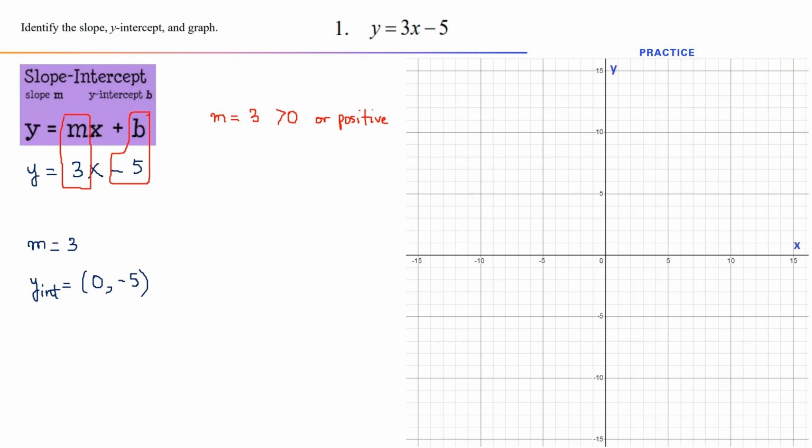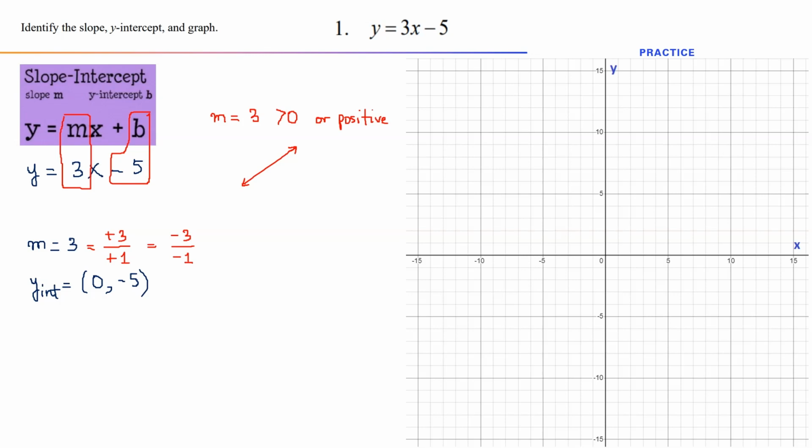We know that for m positive, the graph will look like, from left to right, it will be increasing. And also 3 can be rewritten as positive 3 over positive 1, or as negative 3 over negative 1. That doesn't change m equals 3.